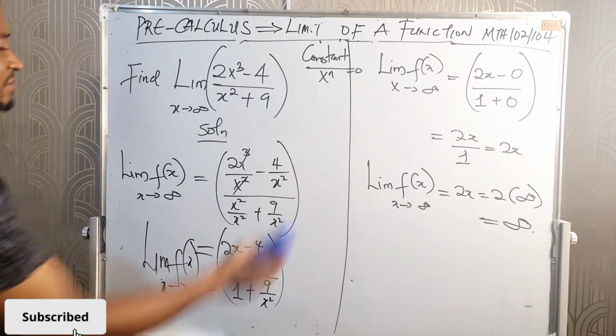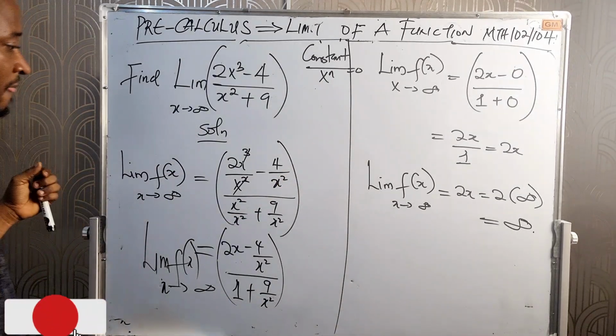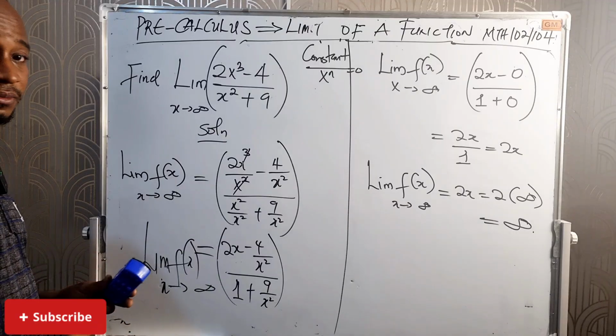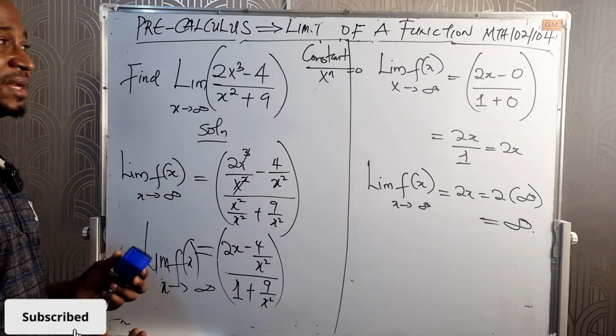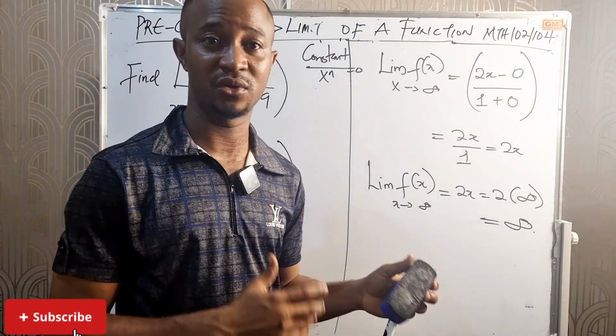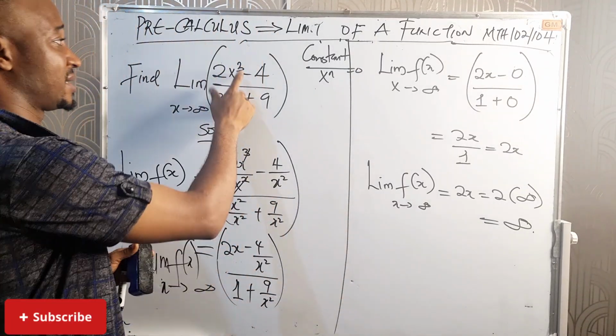Okay. There's another method I want us to look at, so that we will not think this is just a fixed method. Other materials might decide to just divide by the highest power of the polynomial in that function. The highest power here is 3.